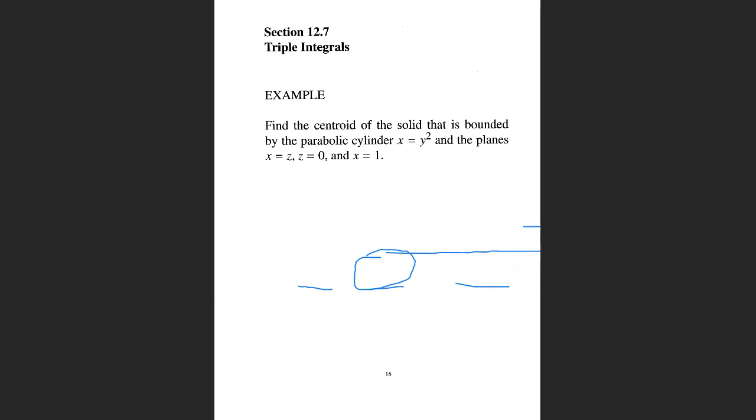Which of these other equations here is preventing that? Good, that's right, Ryan. x equals z, or you could think of it as z equals x. That's going to be a plane that bounds this solid from going above.